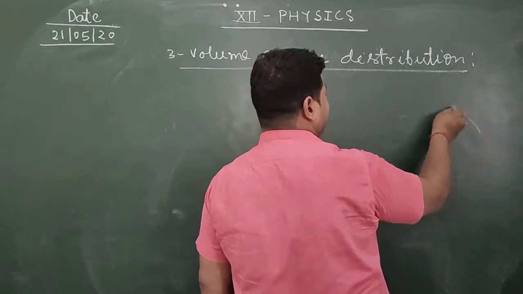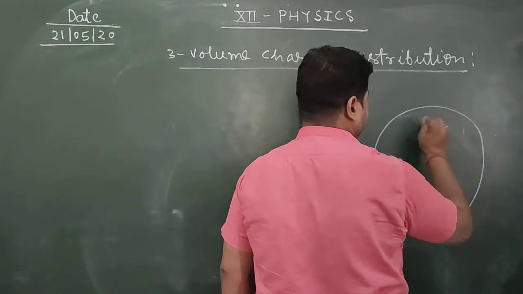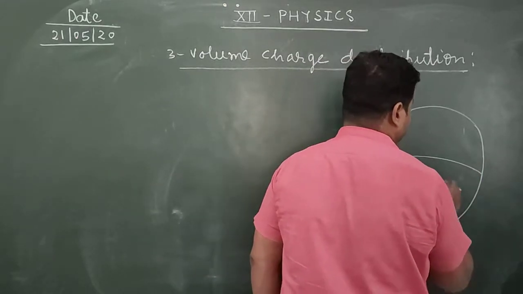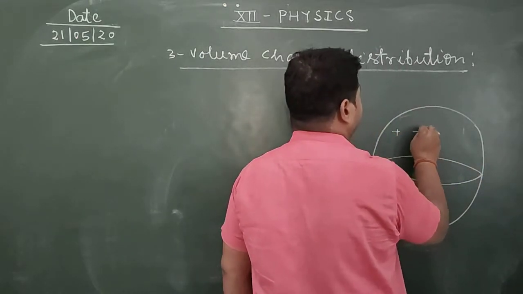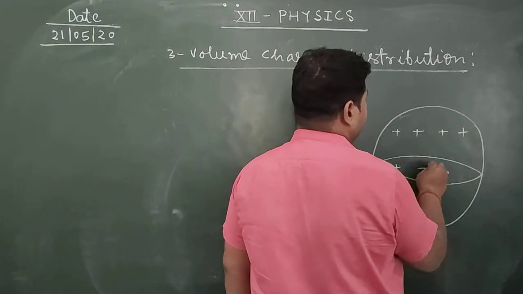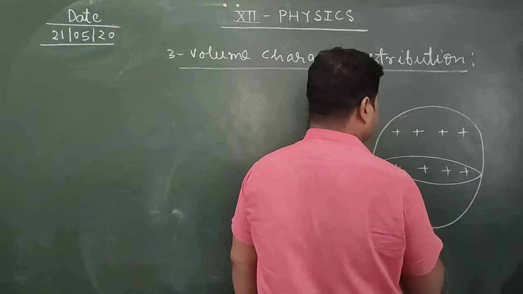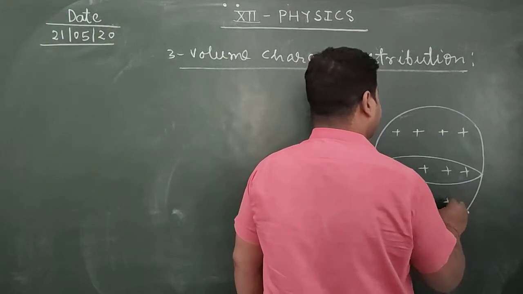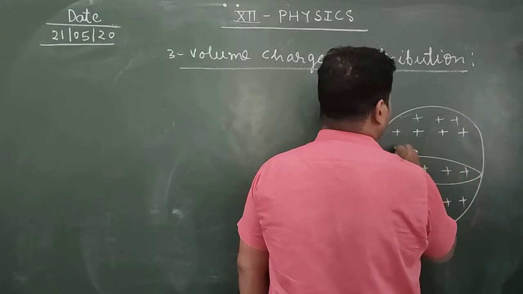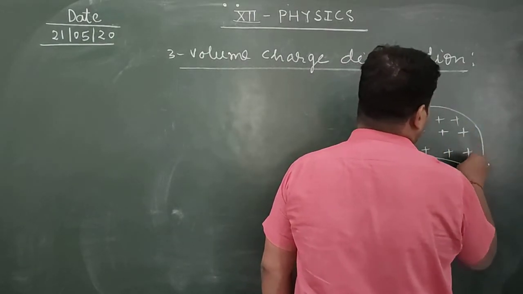Let us assume that this is a sphere and plus q charge is given on that sphere, and the charge is distributed over the volume of the sphere.